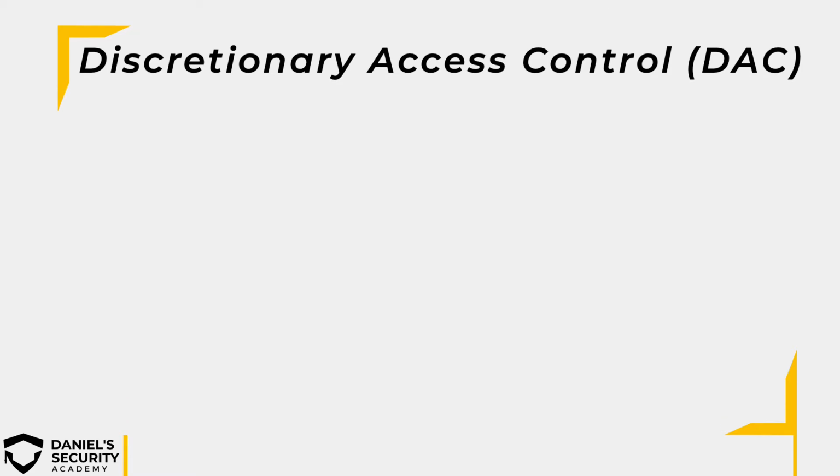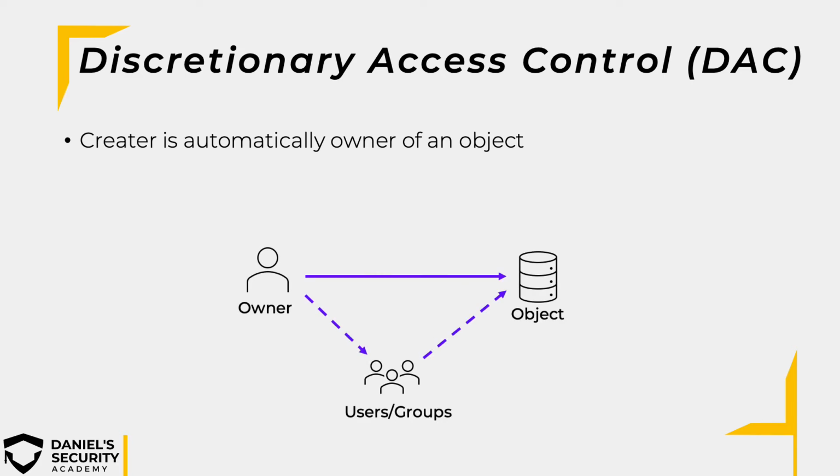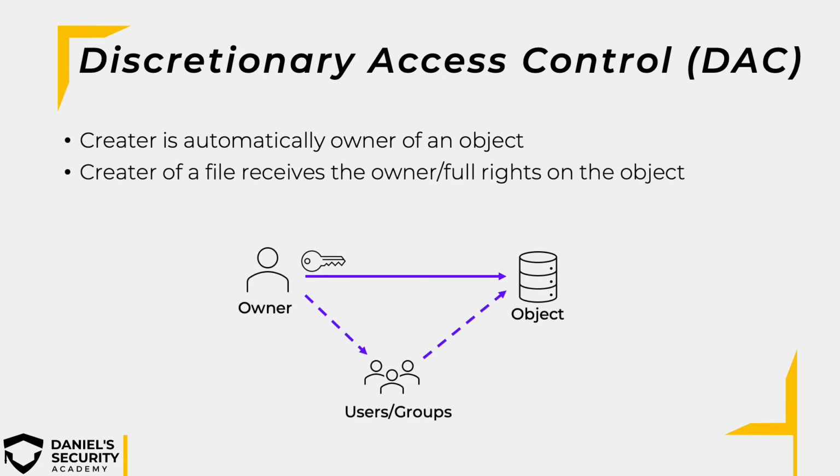the Discretionary Access Control, DAC. And here the creator of an object is automatically the owner of an object. The creator of a file receives the full, or the owner rights, based on what kind of operating system you are and how it's called, but it has full rights on the object.